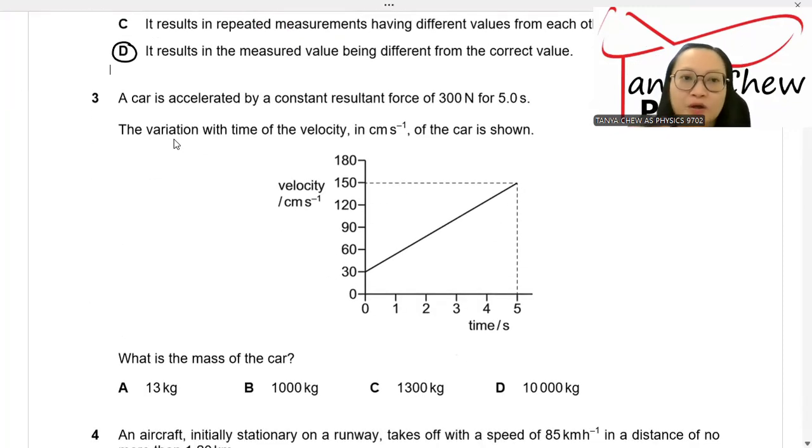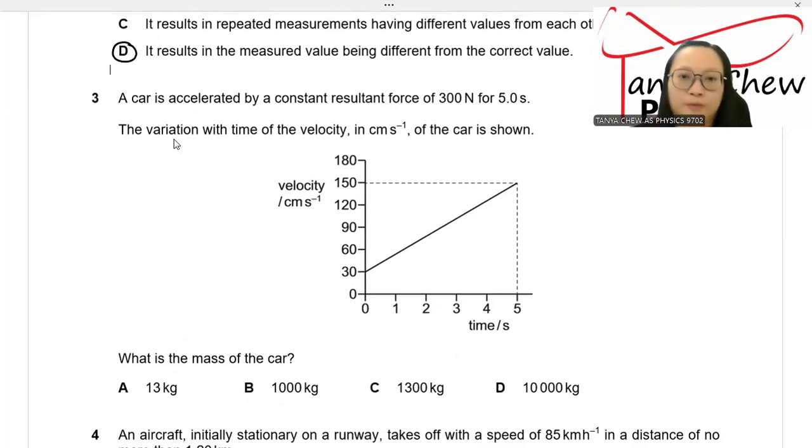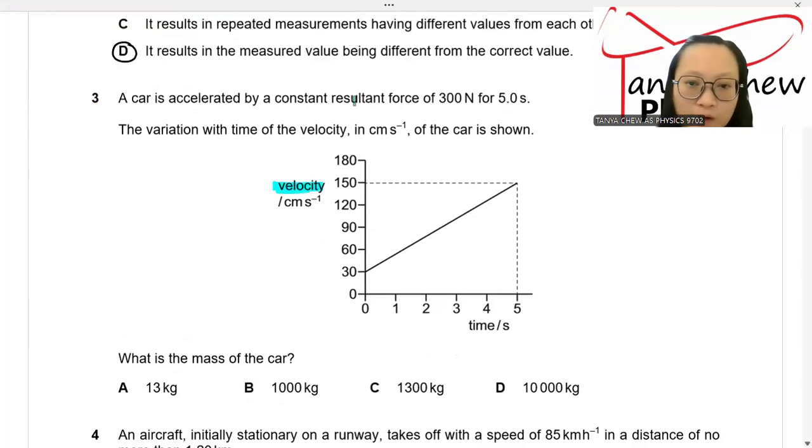Number three, a car is accelerated by a constant force of 300 Newton for 5 seconds. The variation with time of the velocity in cm per second, be careful with that, of the car is shown. What is the mass of the car? Now, first of all, when a graph is being given, this is a velocity time graph, right?